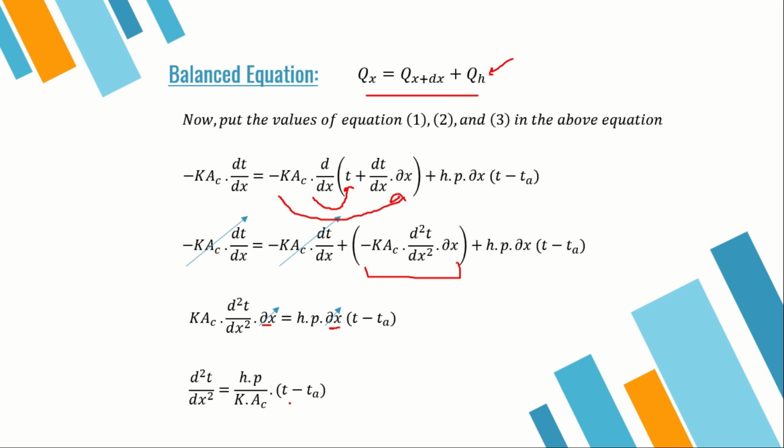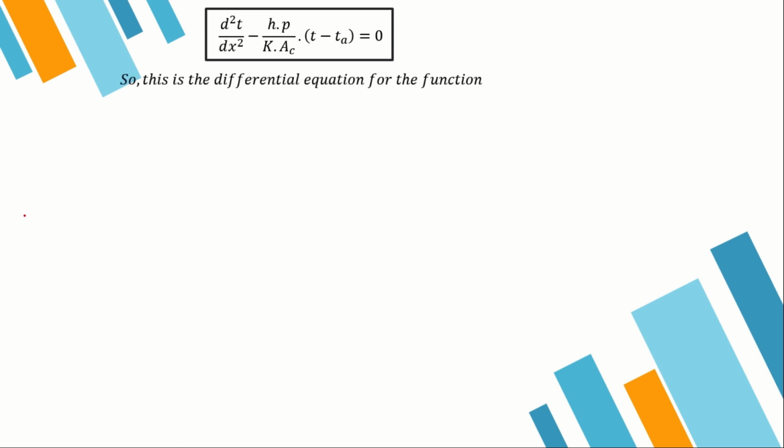Now the net equation we are left with is d squared T upon dx squared is equal to hP divided by K into Ac, that is conductivity into area of cross-section, into the difference in temperature from that point to the ambient temperature, that is the atmospheric temperature. So now this represents the differential equation for the function in the form of T and x.